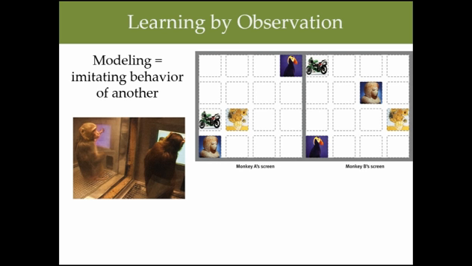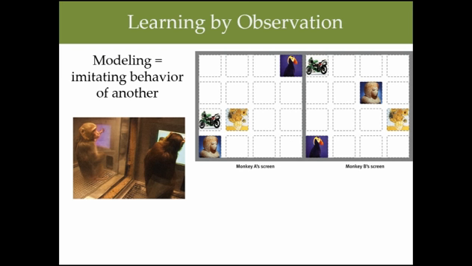The monkey on the left sees that the monkey on the right has touched the motorcycle, and that got him a reinforcement. So the monkey on the left is going to find his motorcycle, which is not in the same position as it is for the monkey on the right. So it's not that he's just pushing the same spot on the screen. He literally sees that the monkey on the right pushed the motorcycle. So the monkey on the left finds the motorcycle, pushes the motorcycle, and he also gets a food reward.